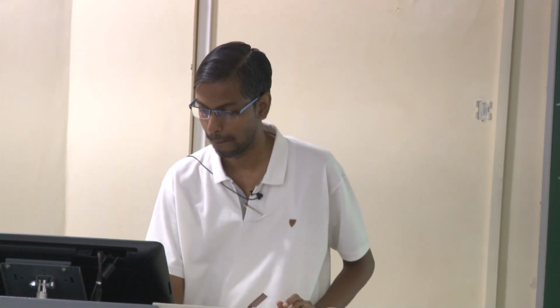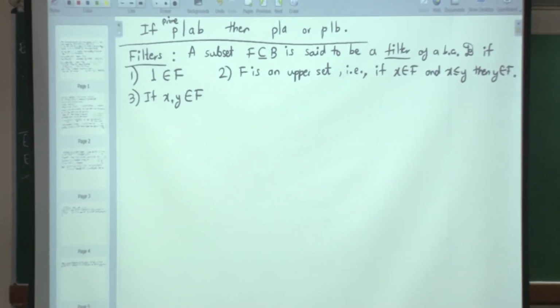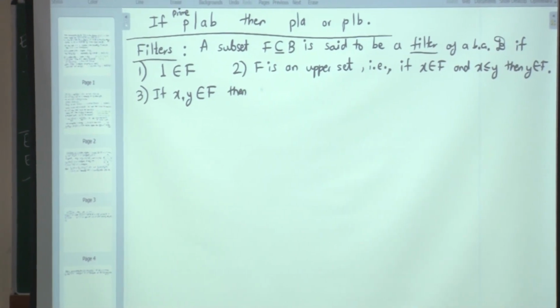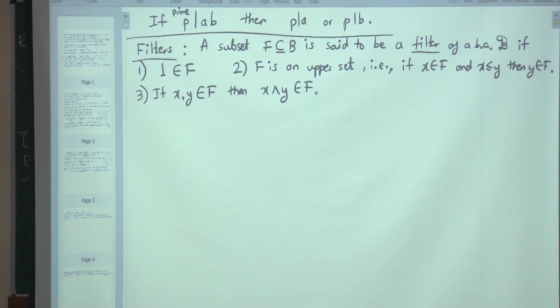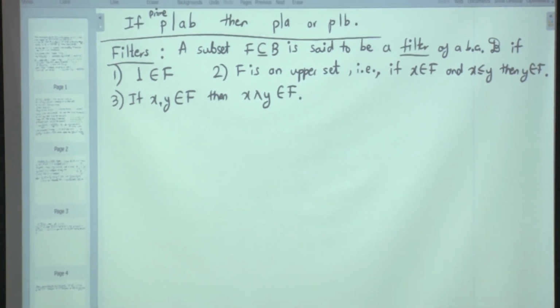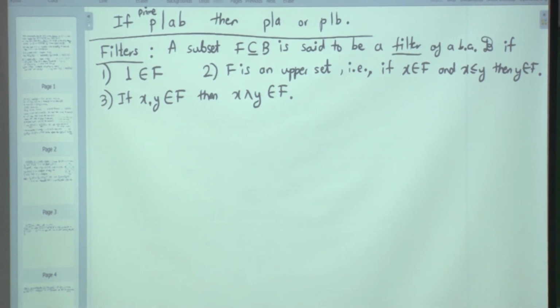That if x, y belong to F, then x meet y also belongs to F. So not only are they closed under all upper bounds, but they are also closed, like if there are two elements, then their meet is also there. Something smaller also exists there.